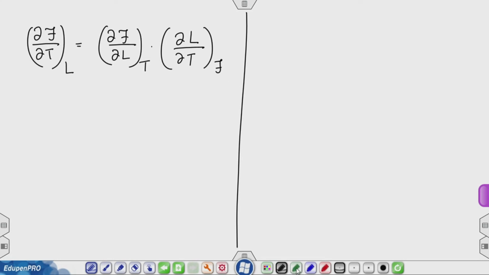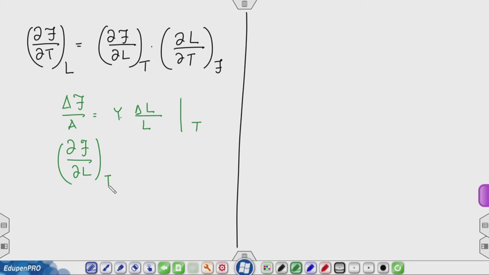Now I know that delta F over area is equal to Y delta L over L, and therefore partial at constant temperature. That's the Young's modulus definition. So partial F partial L at constant temperature is equal to A Y divided by L. There's a minus sign here.